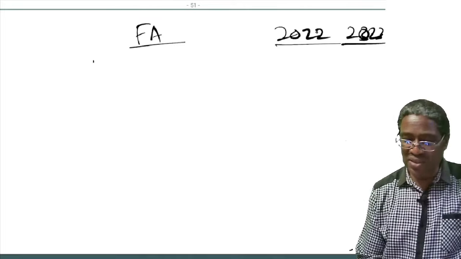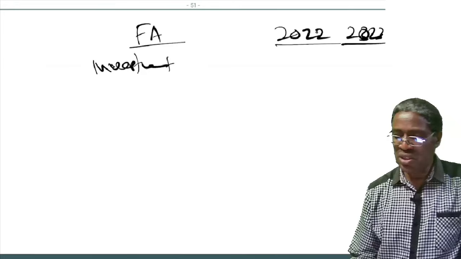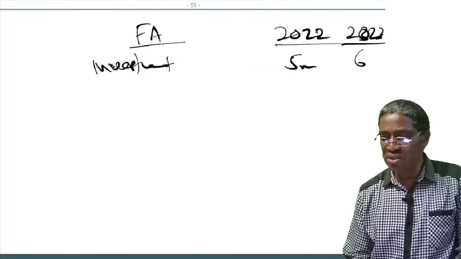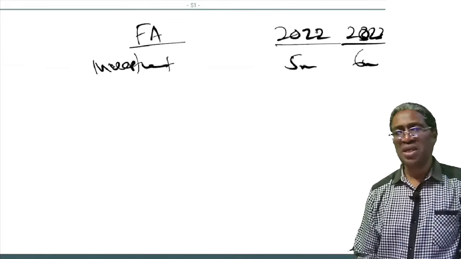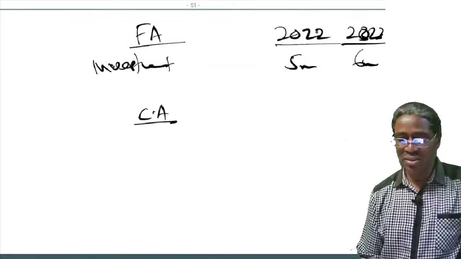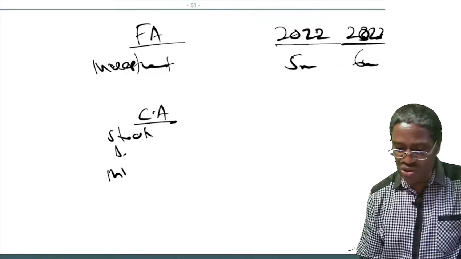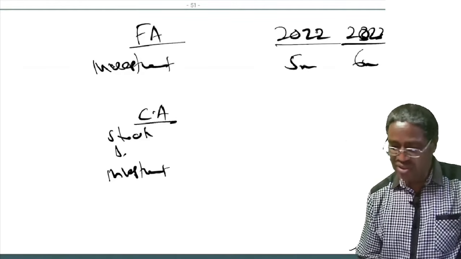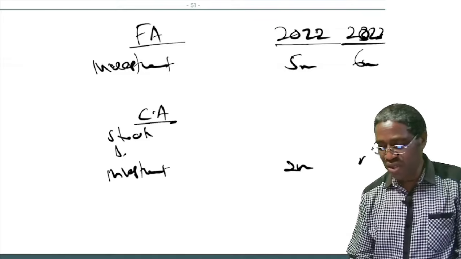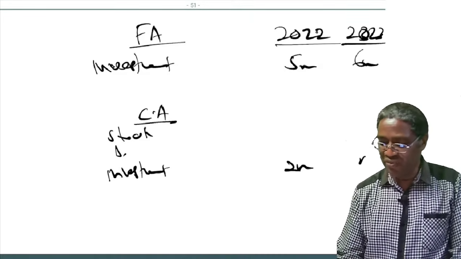Among your fixed assets, you have investments, say 5 million, 6 million. Now listen, among your current assets, where you had stocks and debtors, you also have investments. Maybe 2 million, 1 million, or 3 million. Or let's call it 5 million.